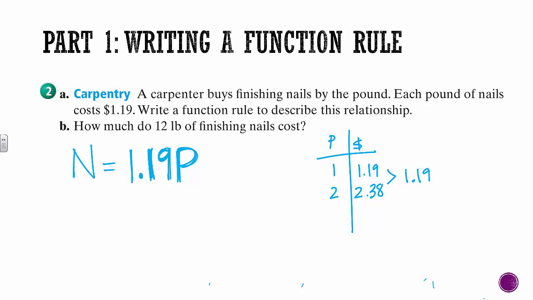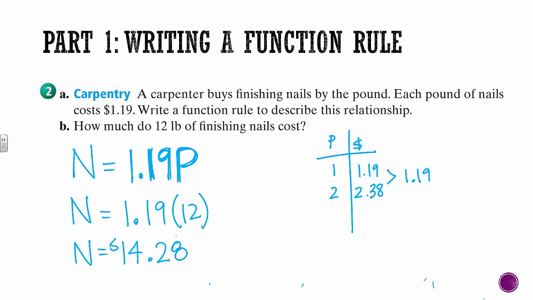And then you can easily figure out question B, which says, how much do 12 pounds of finishing nails cost? So all you got to do is plug this in and type that into your calculator. So 1.19 times 12 gives me $14.28. And remember, this is in dollars, $14.28.